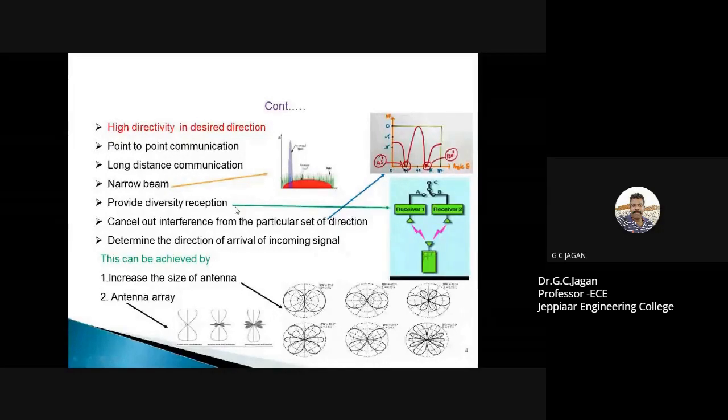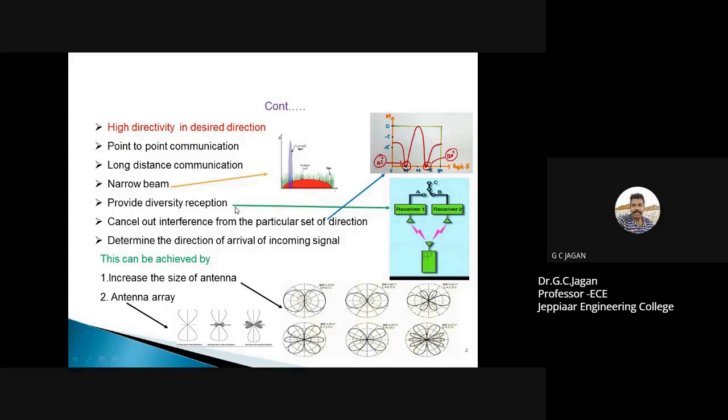The diversity combiner selects the quality signal. In the diversity technique, we assume that by sending multiple copies of the same signal, any one copy will come to the receiver in good quality. Under that assumption, we do this diversity technique. In the receiver, we compare all the received signals and extract the good quality signal.